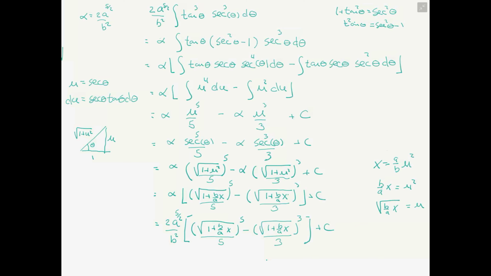So that's it. Okay, see, you just have to be careful. You have to be careful. But this does it. This is the correct solution for the original integral, which was x square root of a plus bx dx.